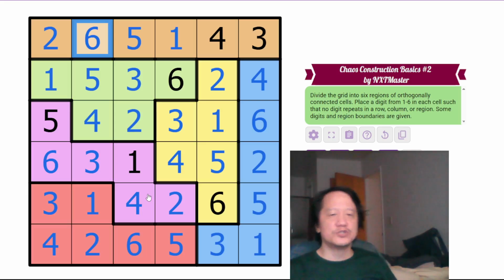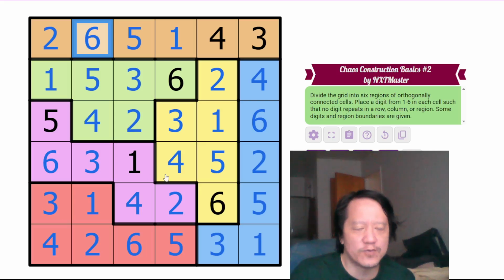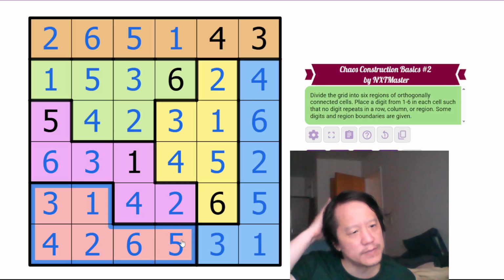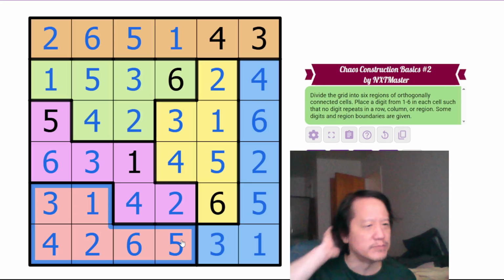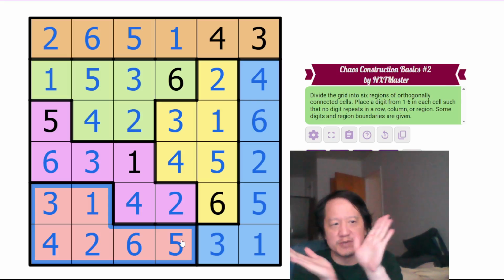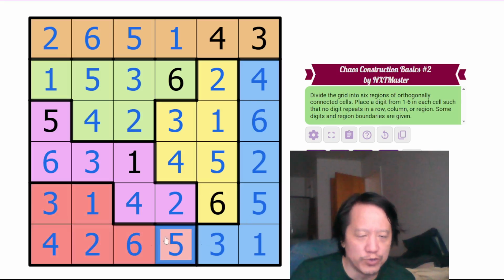And that's a solution. So what are some things? First of all, it's always good to know in chaos construction where regions can expand to. And this is why it becomes multiplicatively harder going from 6 by 6 to 9 by 9, right? In this one, you're really restricted in where these regions can go.